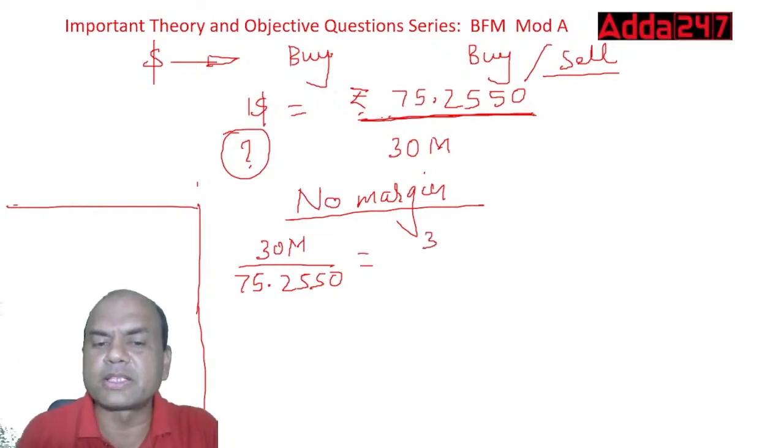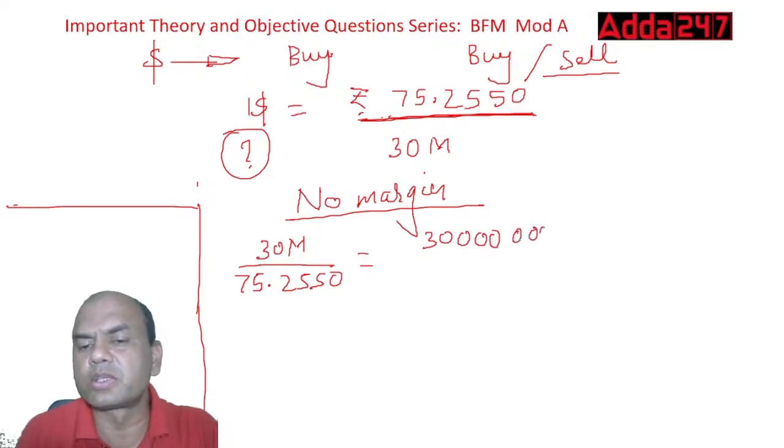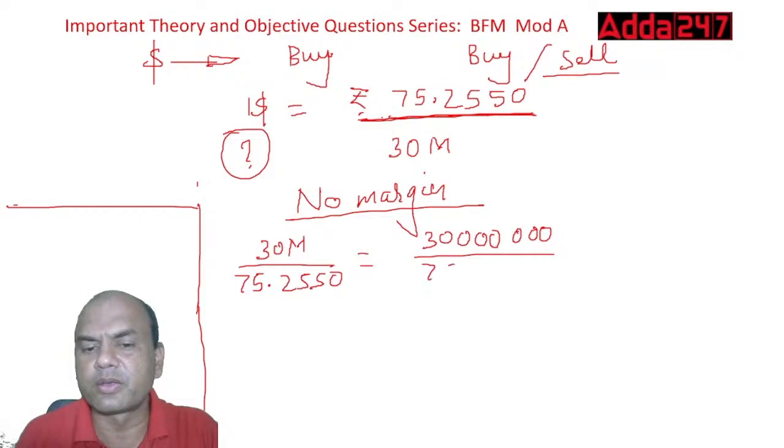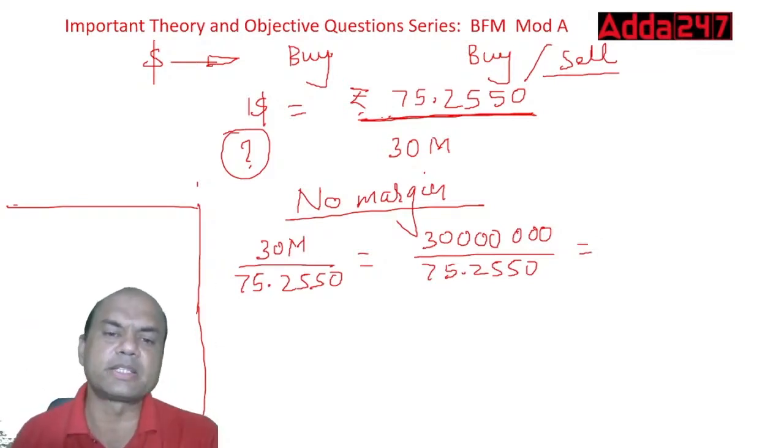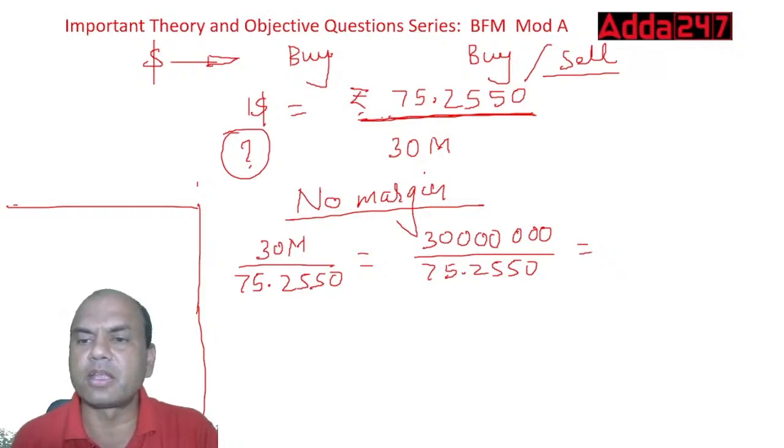So do it now. Everyone do it in the comment section. I want the answer. 30 million, 1, 2, 3, 6 zeros, right? Upon 75.2550. Now give me the answer. I'll also try by that time.